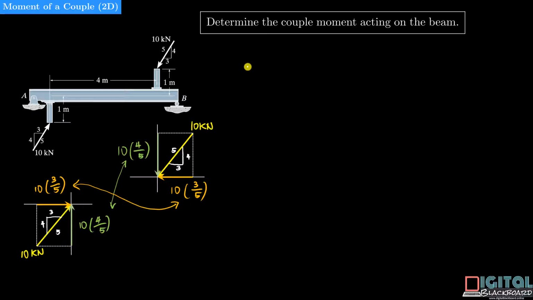So once again, we take positive as anti-clockwise, and we have resultant couple moment is equal to the summation of all couple moments. In this case, first we look at the horizontal forces, these two forces that form a couple.